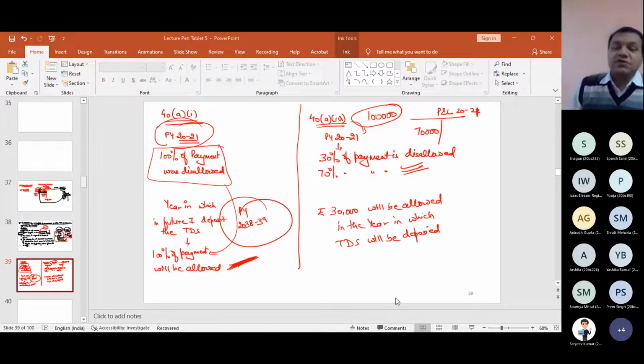The same example which you attempted of 40A1, that same example you can attempt it for 40A1A. The only difference will be when in 40A1 I was showing nil deduction in the previous year 2021, now I will show 70,000 as reduction in 2021. That's it.